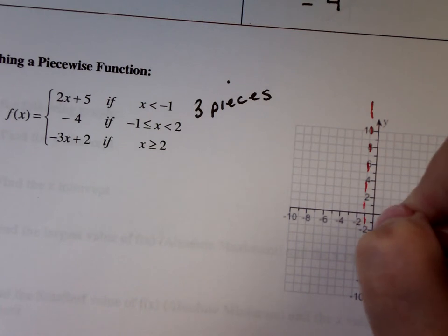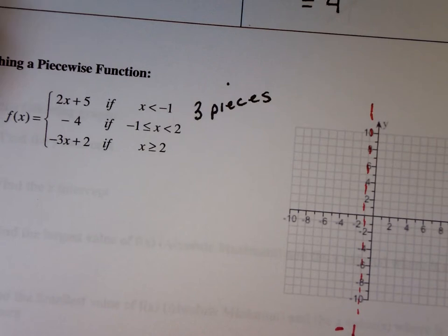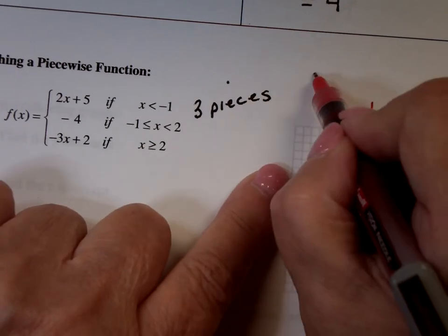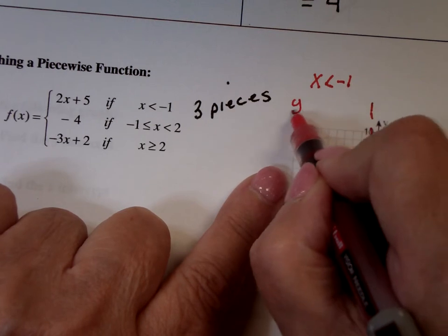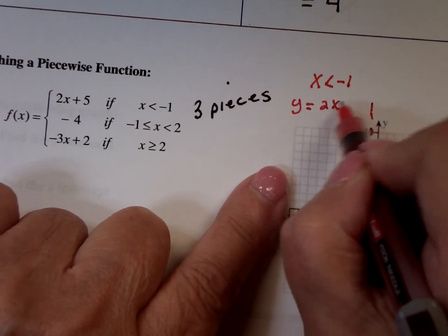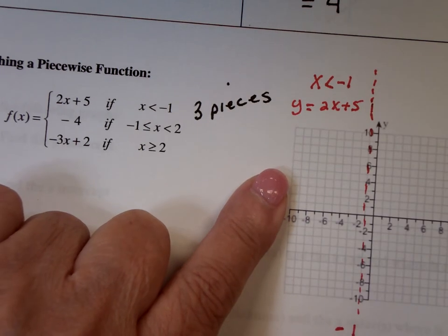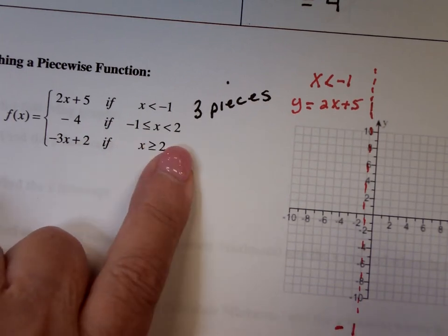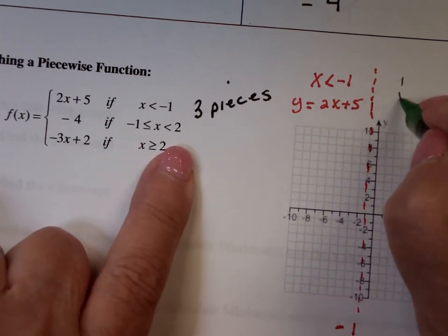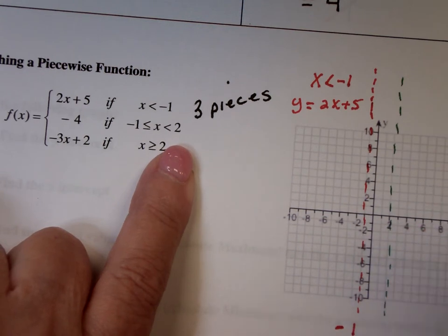So I draw a line at -1, and that says if x is less than -1, I'm going to graph y equals 2x plus 5. I'm going to work in multicolor here. And now it says between -1 and 2. So I'm going to break my graph paper again at x equal 2.